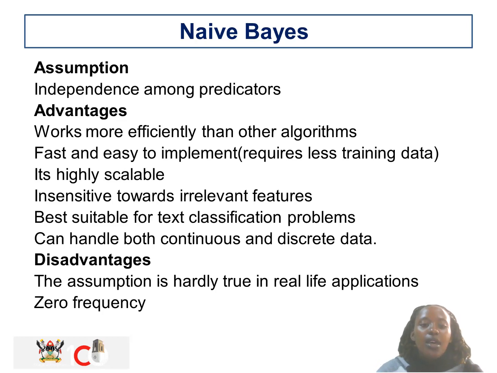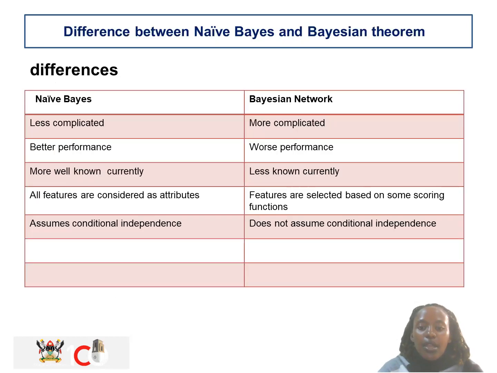It can handle both continuous and discrete data. That's the best of it. And this is the disadvantage: the assumption is hardly true in real life, the independence among predictors. In my day-to-day work, I depend on the orders to predict, so when features are independent, it's pretty hard to use.